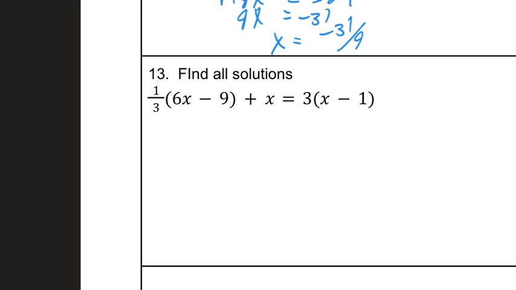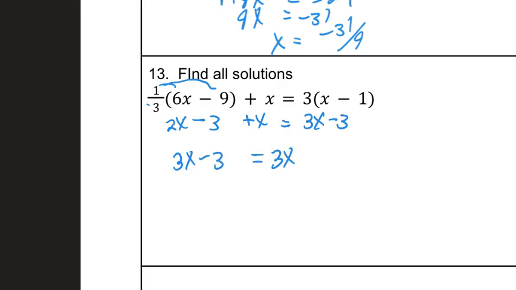This is 6 over 3 is 2x if you distribute this. And 9 divided by 3 is 3 plus x equals 3x minus 3. 3x minus 3 equals 3x minus 3. When does that happen? Always. You can plus 3 and minus the 3x from both sides.